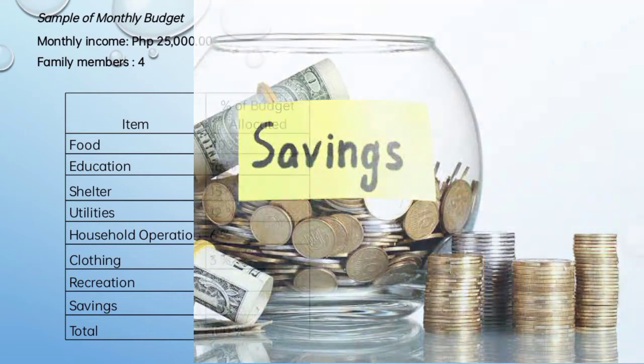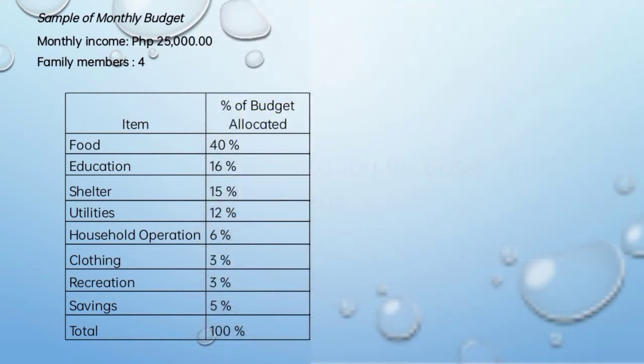So these are the items that should be allocated by the family. Pwede rin naman na wala yung iba dito, yung mga basic needs lang yung kailangan na babudgetan, o kaya naman kung paano mag-budget ang pamilya nyo para sa pangangailangan nyo. But for this example, we're going to budget the monthly income of the family based on the items given.